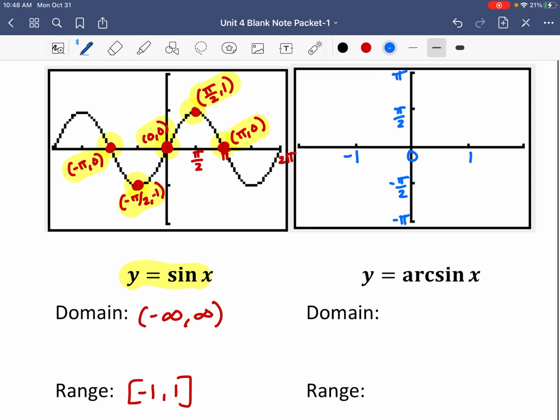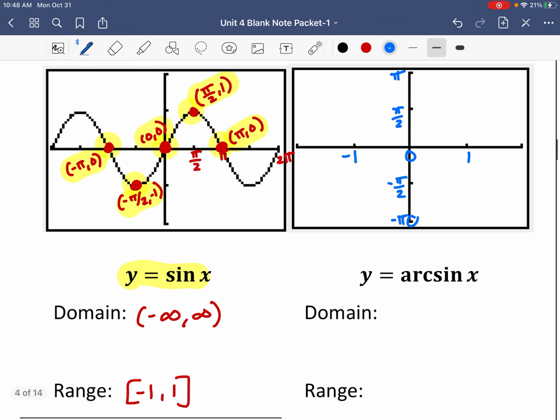And then I'm just going to go point by point. I'm going to switch x and y and plot it. Okay, here. My new point is going to be 0, comma, negative pi, down here. My new point is going to be negative 1, negative pi over 2.